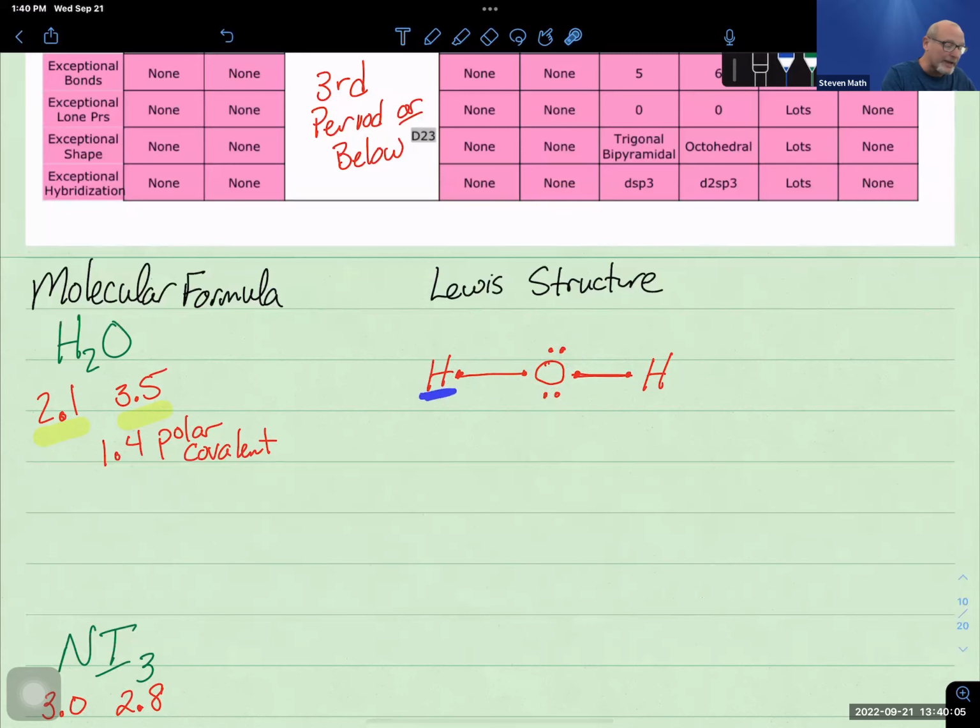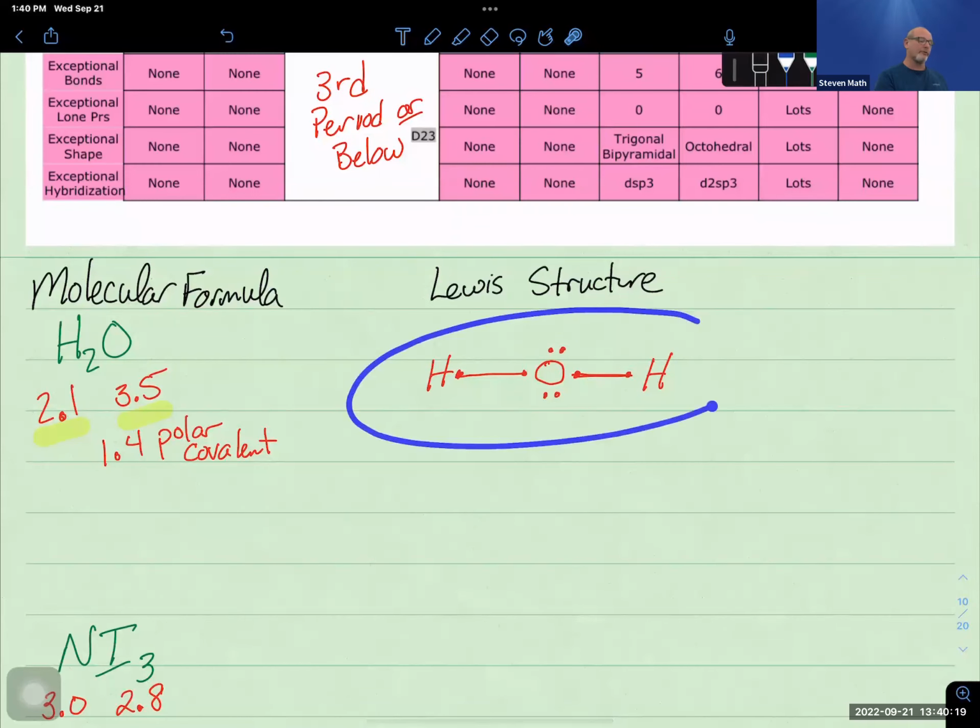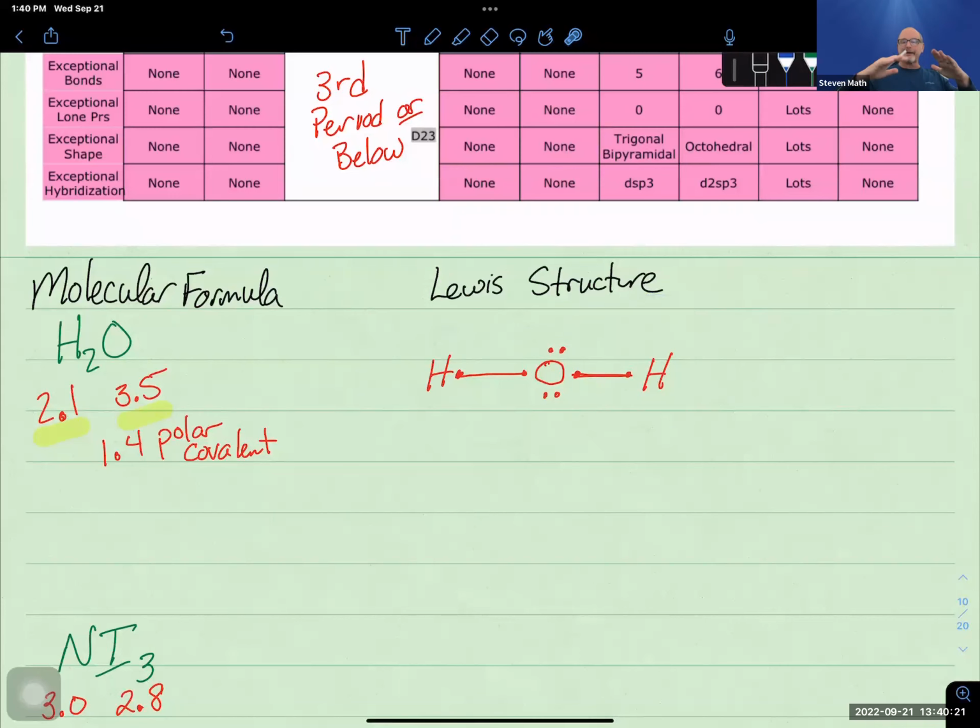Hydrogen, ironically, has the next best thing to an octet. Its s is filled. So it has a duet. Sounds adorable, right? But it works. So there's my Lewis structure for water. We'll talk about later why it bends and why it should be that structure. But that's how I would draw that.